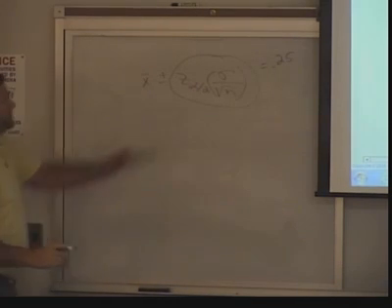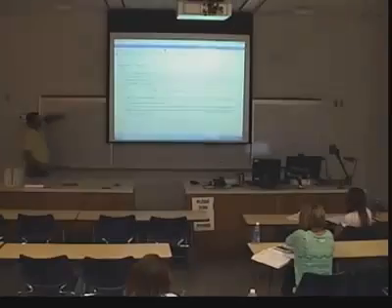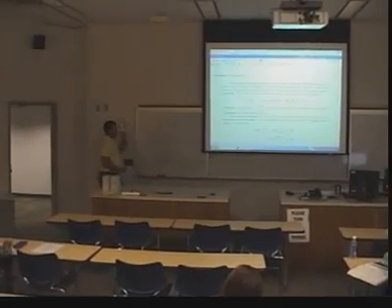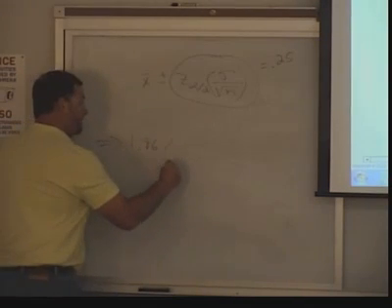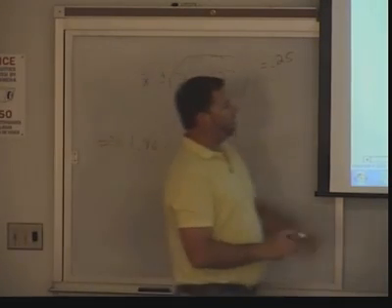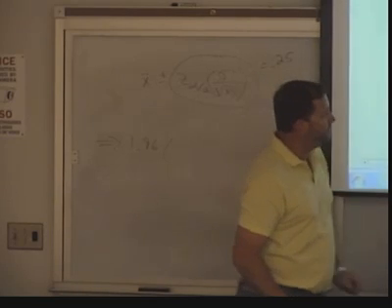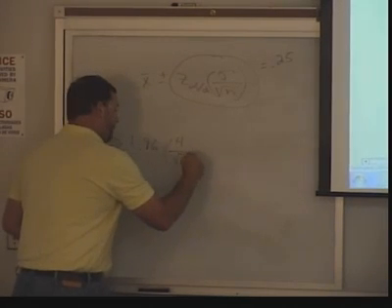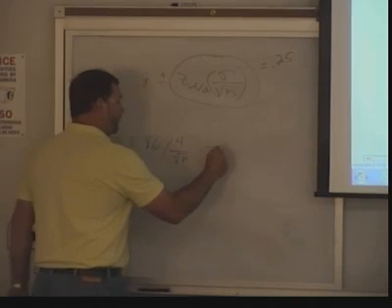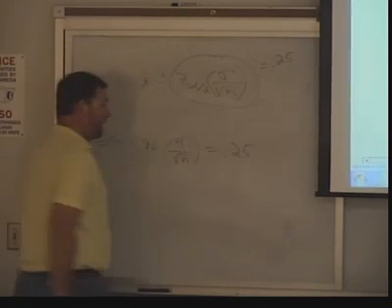I know z alpha over 2 for a 95% confidence interval is 1.96. So I'm going to let 1.96 times, for this specific problem, sigma was 4, and that's given to you. It's not something you had to go find out. Divided by the square root of n. n is what we're solving for, and I want my error to be 0.25.